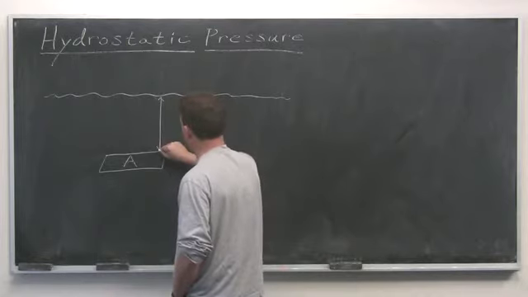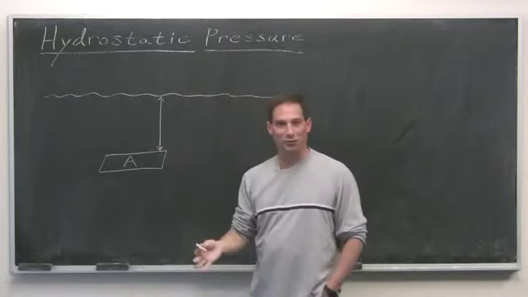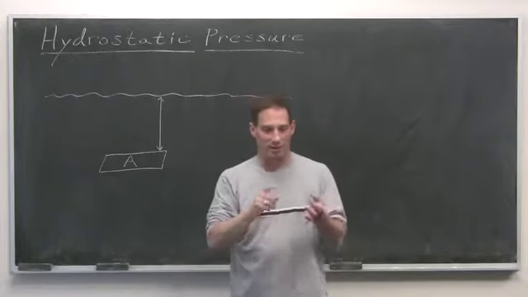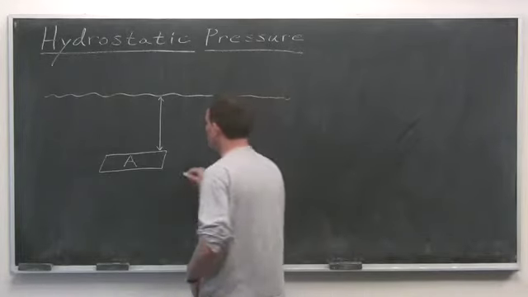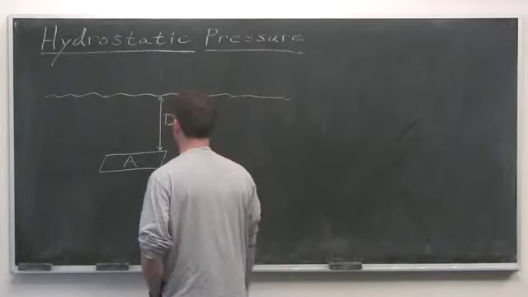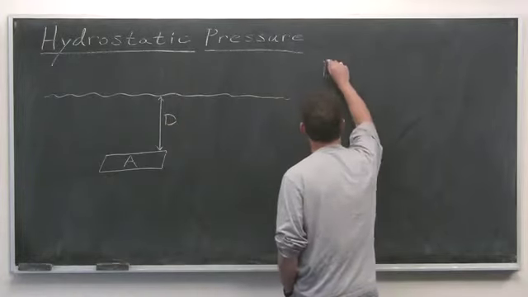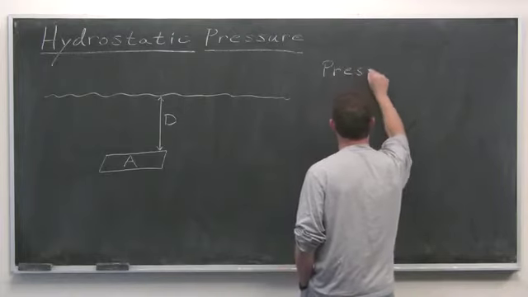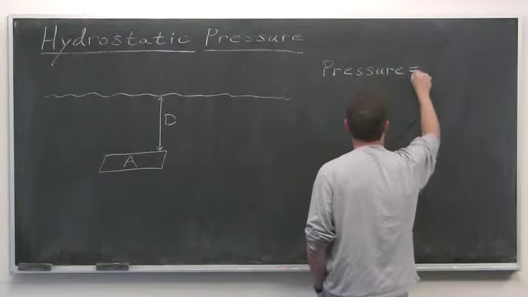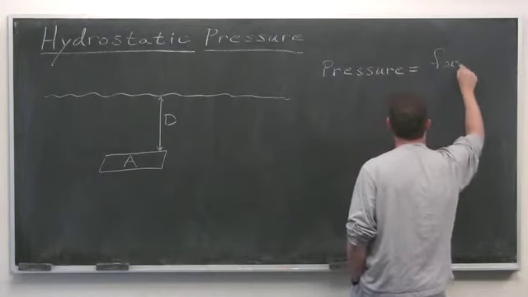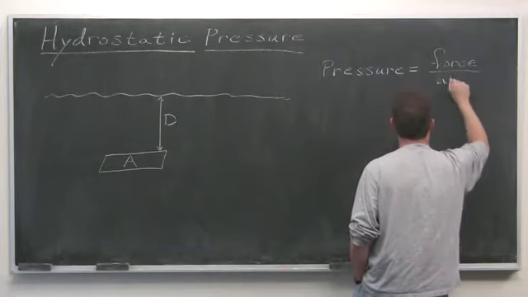I'd like to use a little d, but then we'd get confused when we go to integrate and you have a little d for the differential. So I'm going to say the depth is capital D. Then pressure is force per area, so force divided by area.